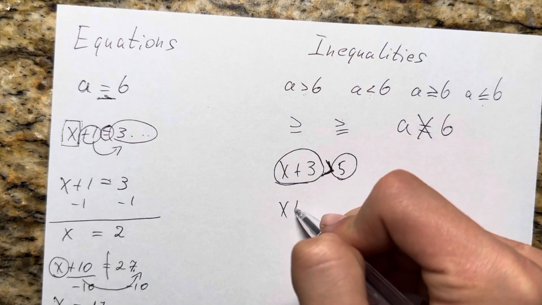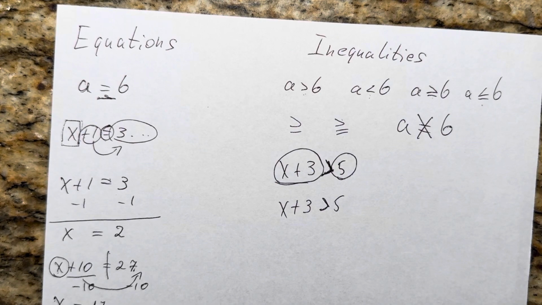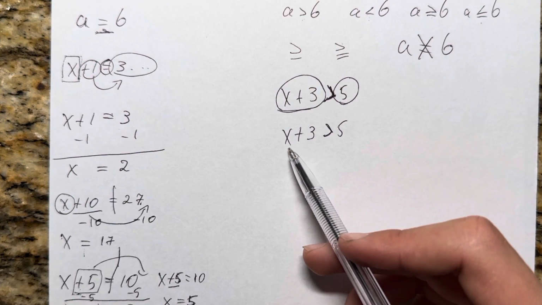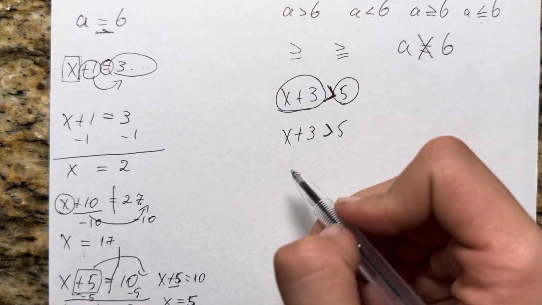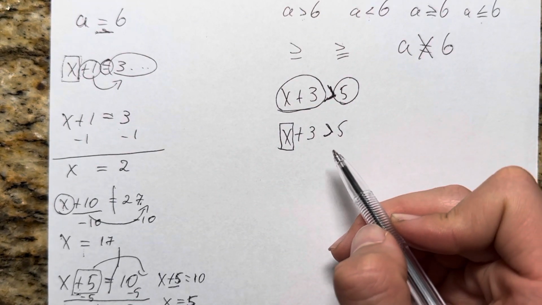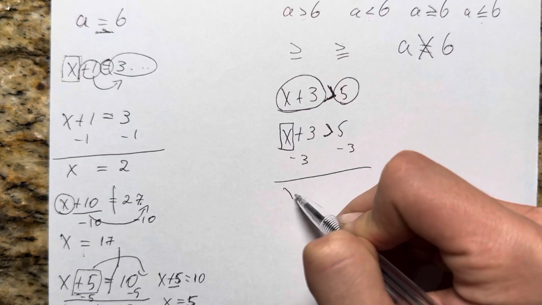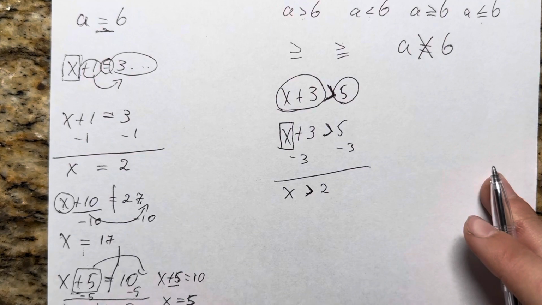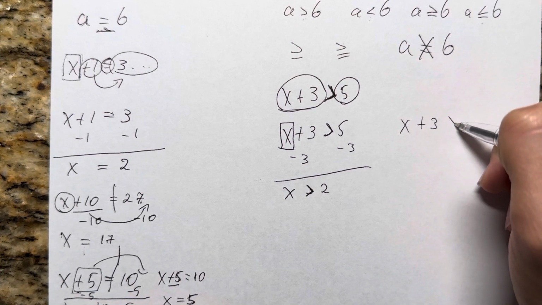What we're trying to do is solve for x. To find out what x is, we have to leave x all by itself. So we can either subtract 3 from both sides, and we will get x greater than 2, or use my flipping method: x plus 3 greater than 5.